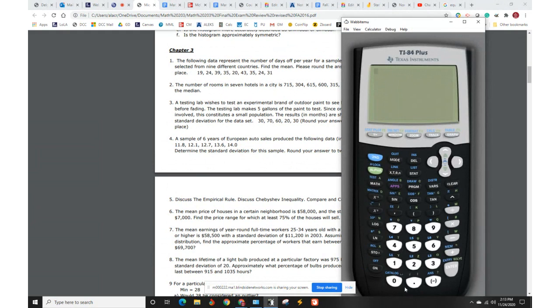On this, you could put it in the column and do it. I'm just going to do it like this. So 270 divided by 9. So the mean there is 30.